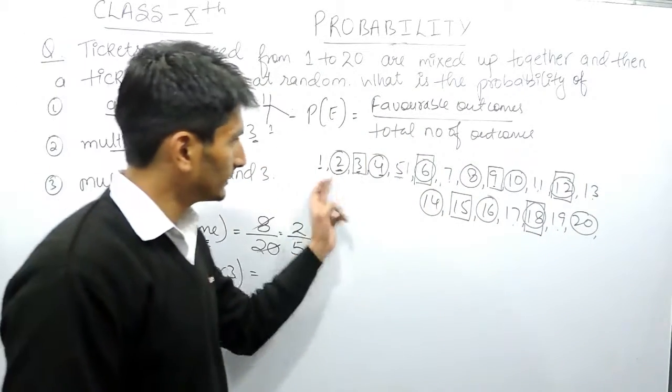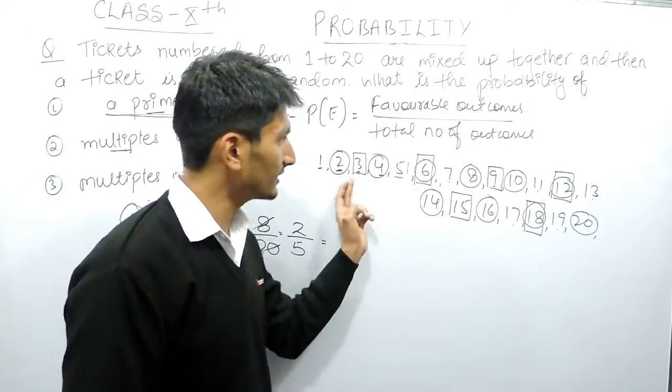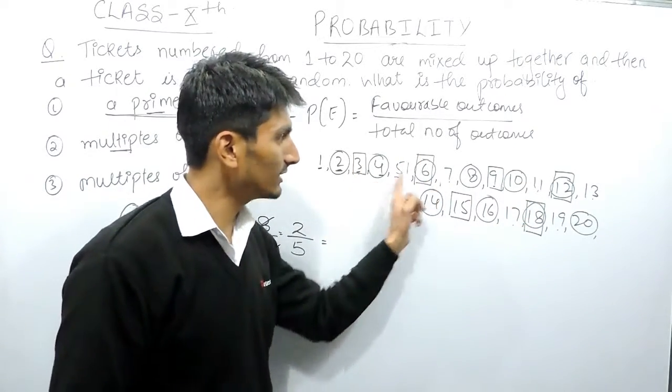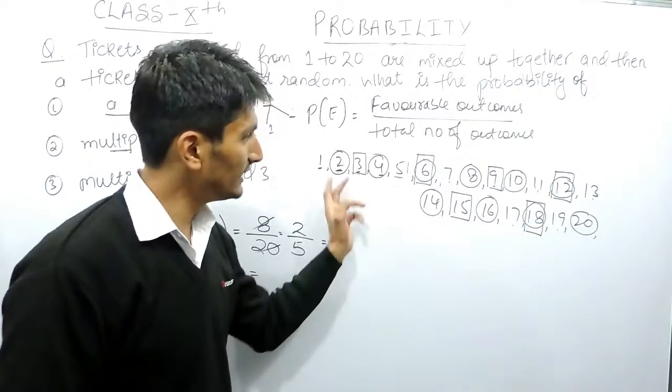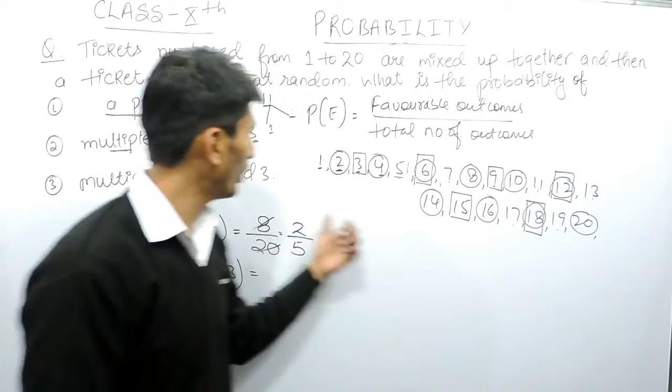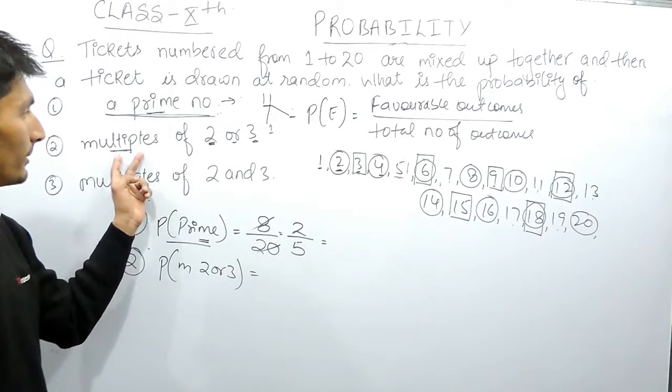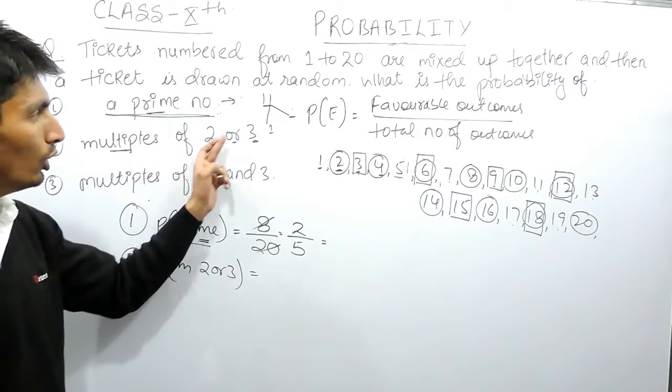So the numbers which are inside the circle are the multiples of 2, and the numbers which are inside this rectangle are the multiples of 3. So these are the favorable outcomes when we have to find the multiple of 2 or 3.